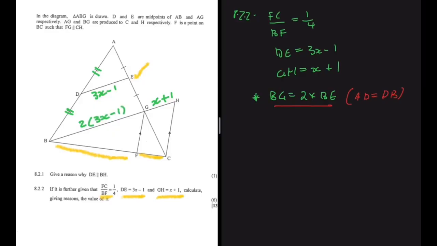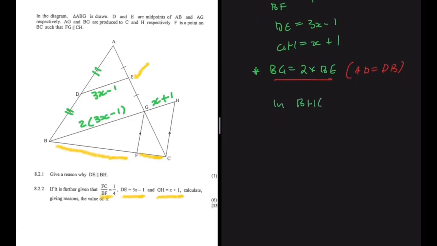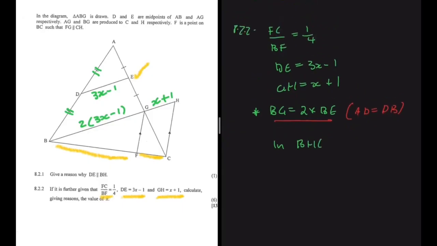Now using triangle BHC, what do we have? We can say that FC divided by BF should be equal to GH divided by BG.